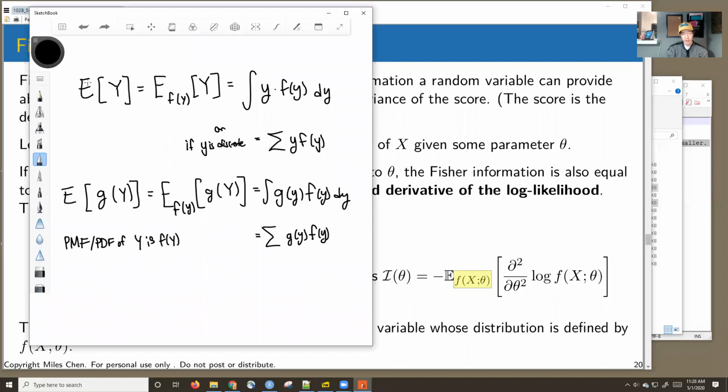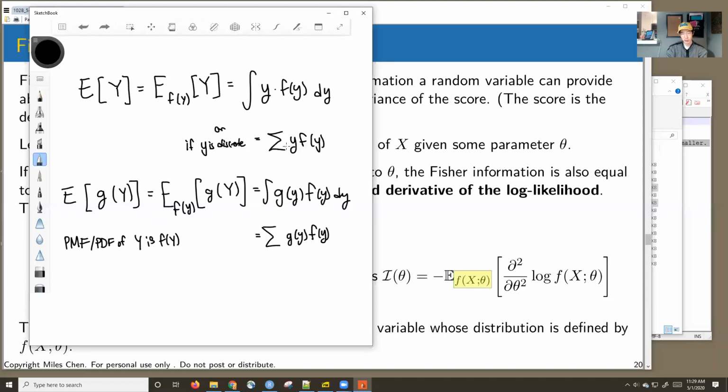You can say the expected value of y, where y has this probability function f of y, is equal to the integral of y times f of y dy. You take each possible outcome y, multiply it by the probability function of y, and integrate across all possible values of y, okay?